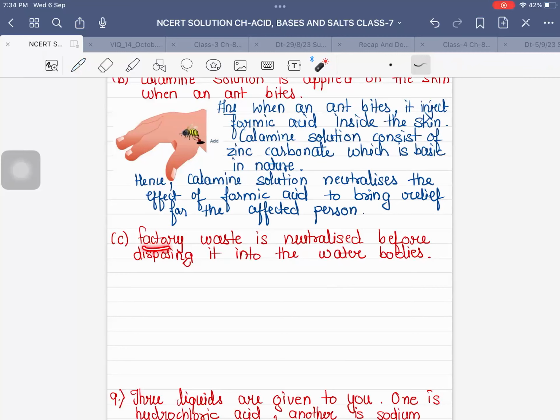Next, factory waste is neutralized before disposing it into the water bodies.